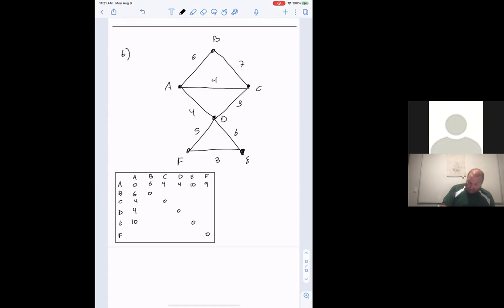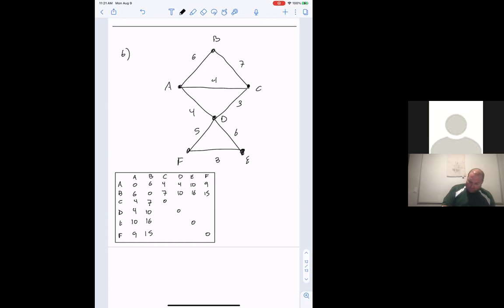A to F is 9. B to C is 7. B to D is 10. B to E is 16. B to F is 15.